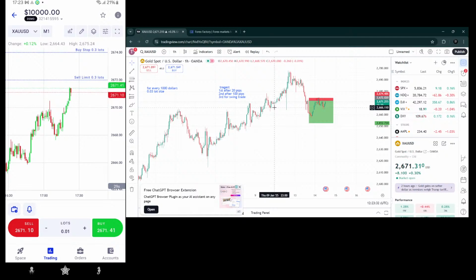So as you can see, market is getting rejected, and this is the time you have to be patient. You don't have to worry whether it will open your sell limit or not, but you have to wait for what you think is the best.